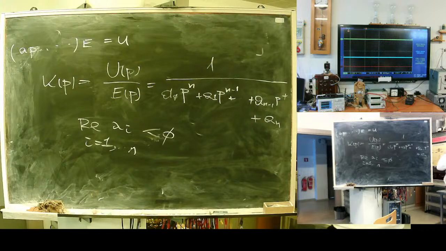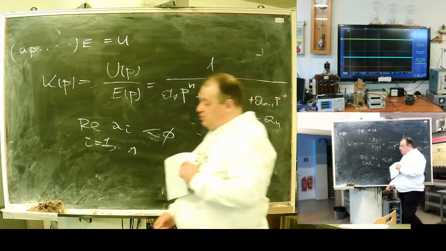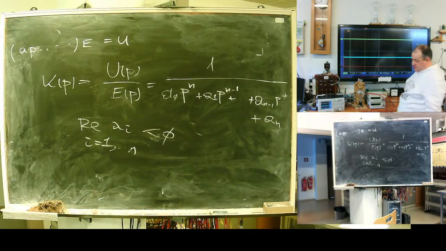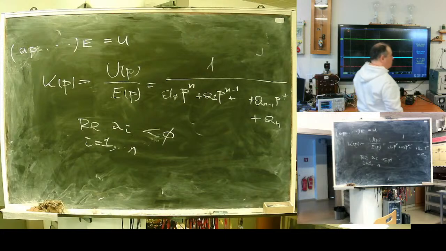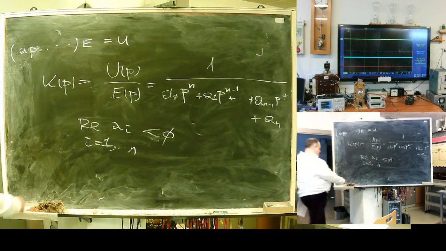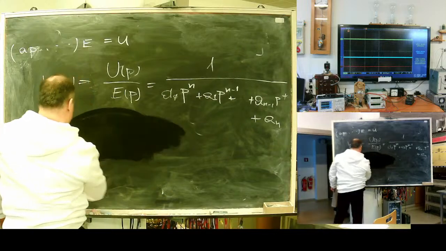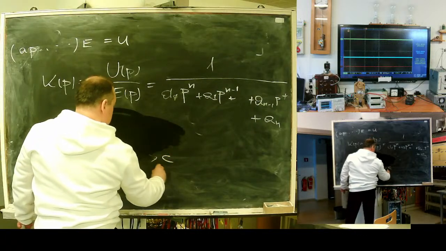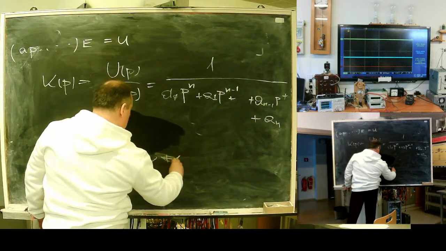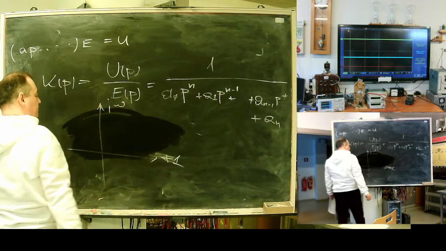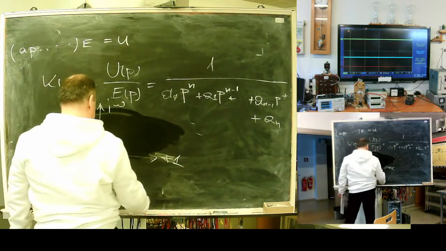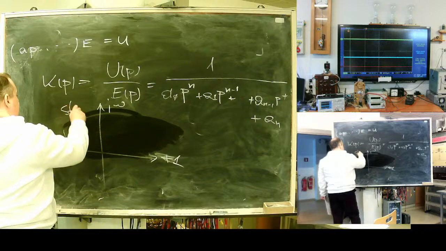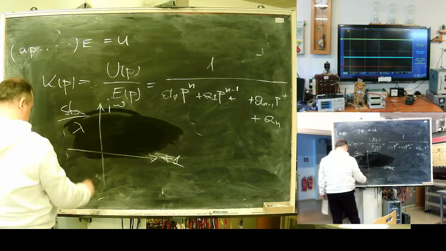So we can expect that the system will be stable, and all processes will have a decaying character, if it has no poles on the right side of the plane. Let's say plus 1 here, omega. If all lambdas are here, the system is stable, maybe better in green.